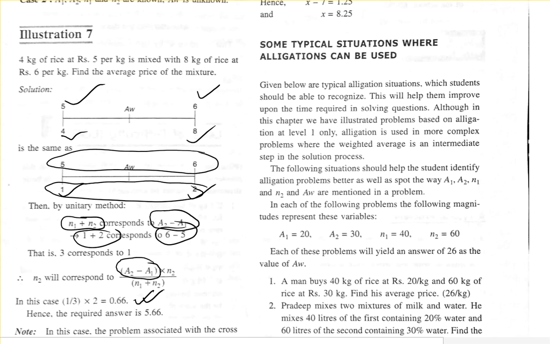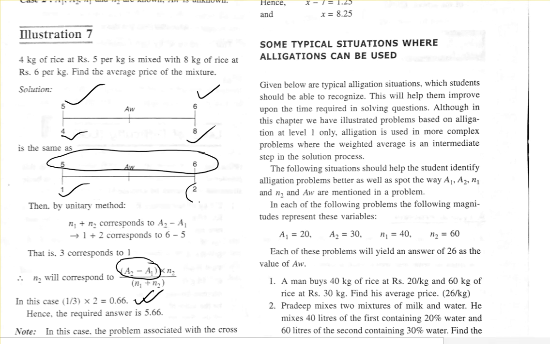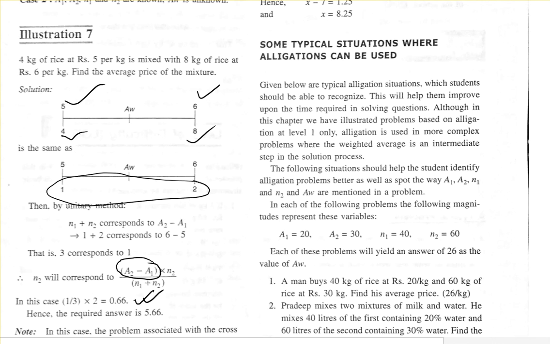So the required answer, N2 is 0.66. Then what? N2 is basically the difference between these two. So 5.66, that's it. Let me tell you again. 1 plus 2, that is 3, corresponds to 6 minus 5, that is 1. So when here is 3, here is 1.